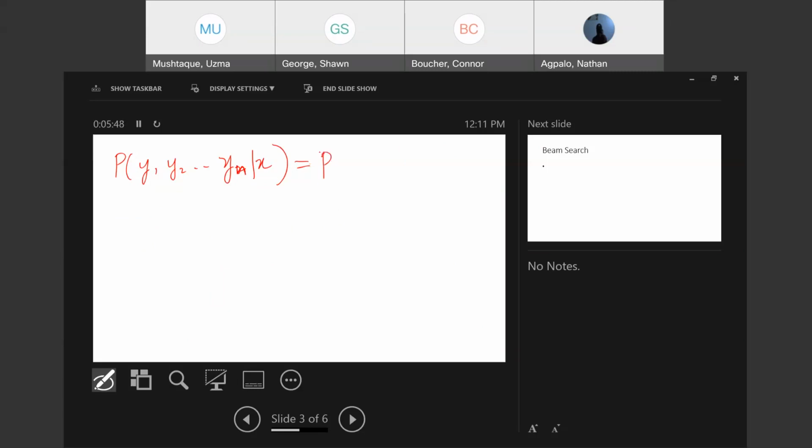So as I said, y1 given x times the probability of y2 given y1 and x, and so on, right? In terms of writing this down, all of this is good, right? But then I need to compute these probabilities.